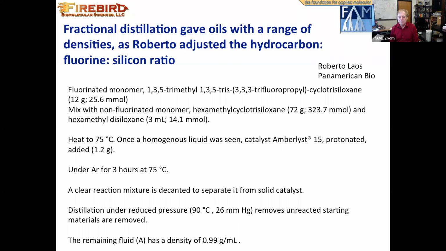You heat it, you put a little bit of acid catalyst, you cook it for 3 hours at 75 degrees, and then you decant it to get rid of the Amberlyst catalyst, and then you distill it to get fractionations, and you end up with a remaining fluid, which is fluorinated and has a density of about 0.99 grams per milliliter.